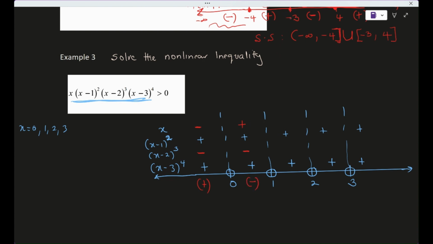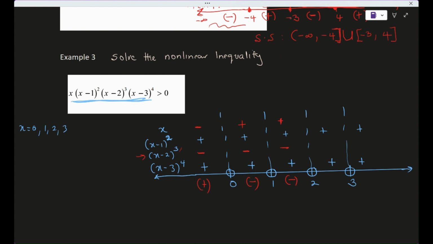Between 1 and 2, we can take 1.5. Take 1.5, it means x is 1.5, a positive number. 1.5 here minus 2 is going to be what? Minus 0.5. But a negative number to an odd power still remains negative, right? Yeah, because we're taking 1.5. All right, so this means this will still be negative.